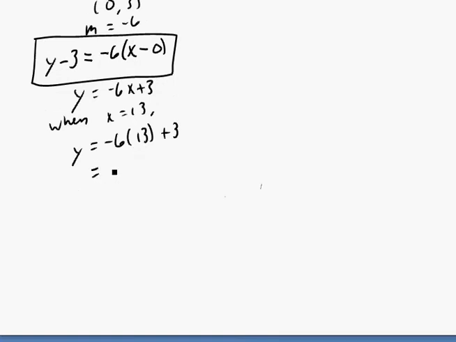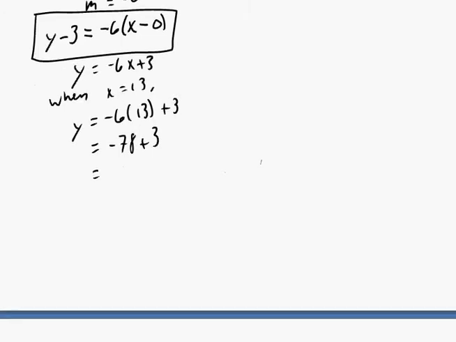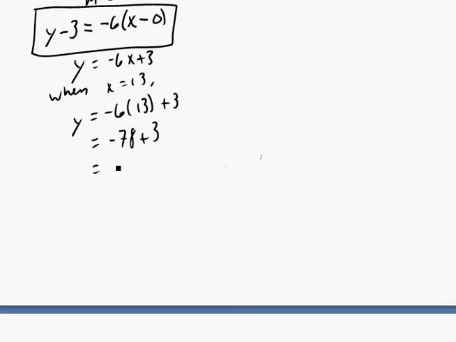That would be negative 60 minus 18, so that would be minus 78 plus 3. And negative 78 plus 3 would be negative 75. So, that means we have the coordinates of a point, which are 13, comma, negative 75.